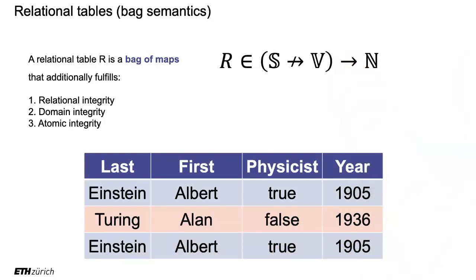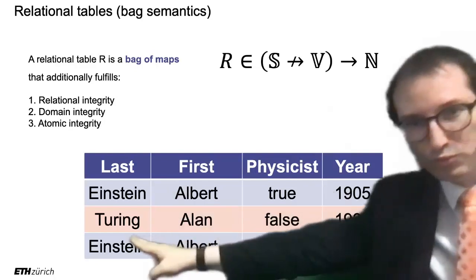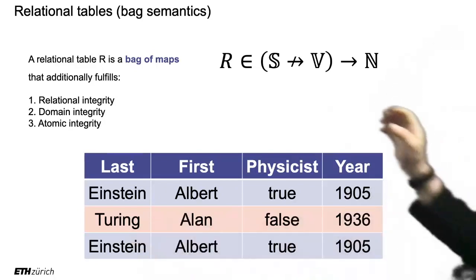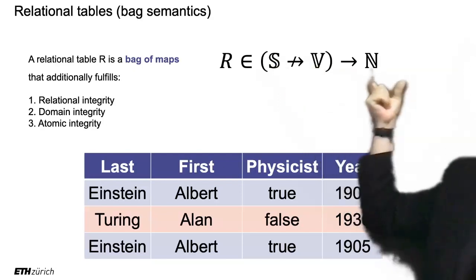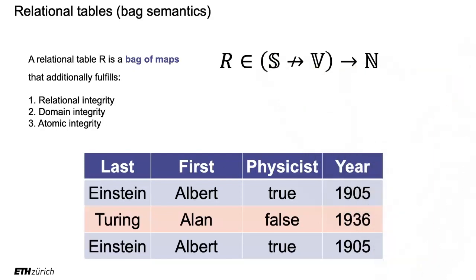So I have to associate every map. Every other map is associated with how many occurrences? 0, right? Exactly, 0. So 0 for all the maps, except this one that is associated to 2, and this one to 1. So this is really associating every possible map you could ever imagine to the number of times it appears in the bag. So that's just my notation for bags.